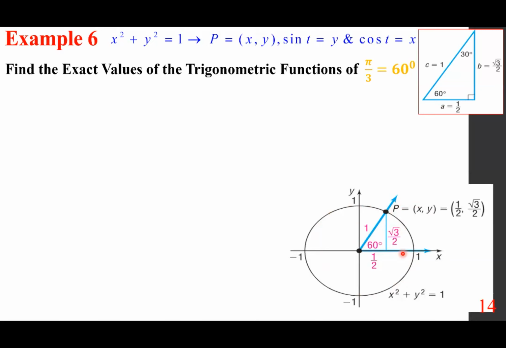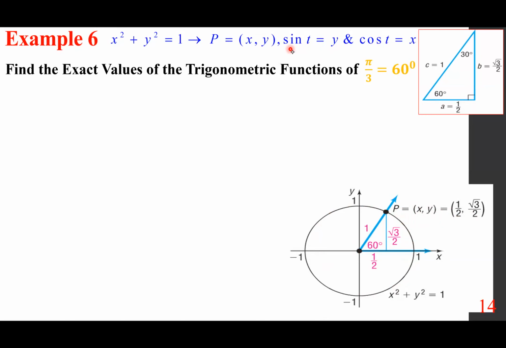And remember, this is b, this is a, this is square root of 3 over 2, this is 1/2. So x is 1/2 and y is the square root of 3 over 2, and x is what? Cosine. Y is what? Sine. Remember, x represents cosine, y represents sine.